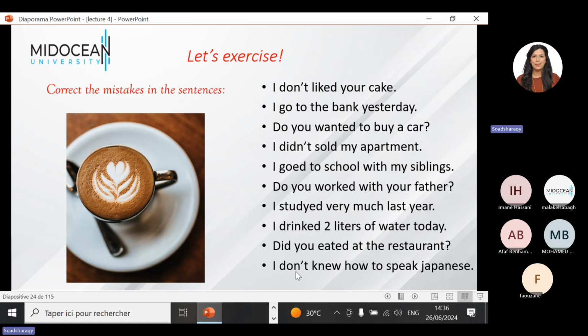Last example: "I don't knew how to speak in Japanese." Okay, so what is the mistake here? I don't knew, so the mistake is here, the verb knew. Correct the sentence.